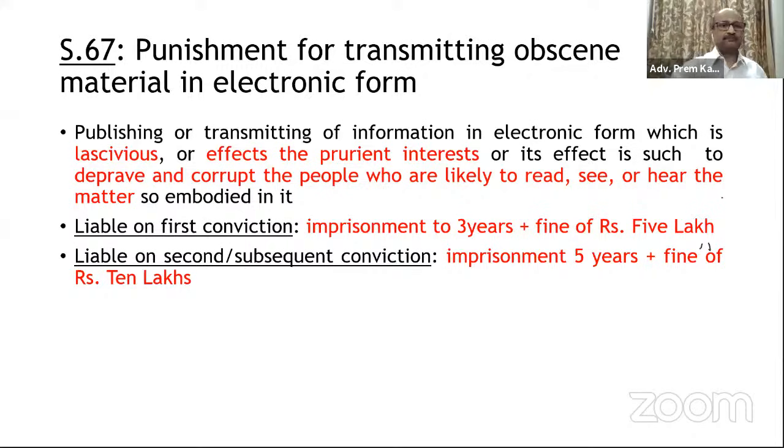Now, Justice Alexander Thomas in Sri Kumar versus State of Kerala, in a bail application, states that in order to attract section 67, the publishing or transmitting of information in electronic form should have a sexual effect, or should have something sexual in it.